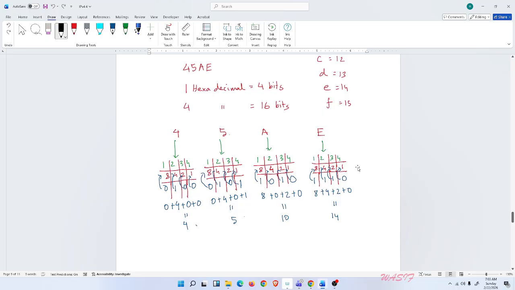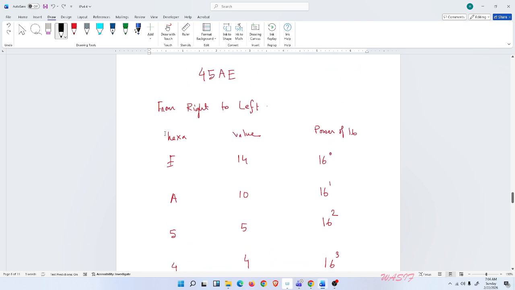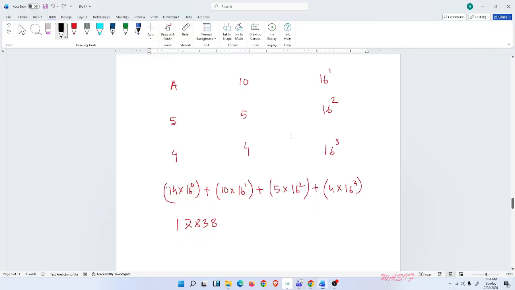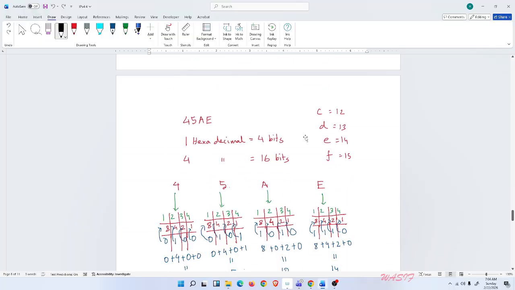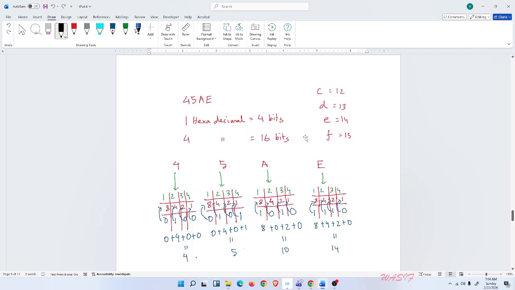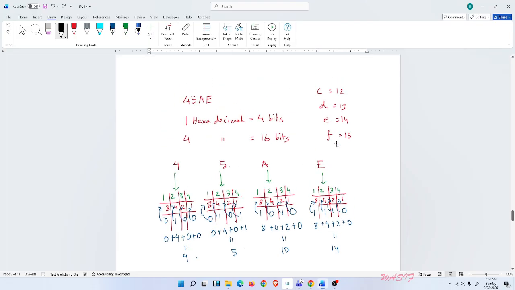The first thing is what I said here: we directly converted hexadecimal to decimal, and you need to know how to do this conversion with 16 to the power. Now we are going to convert hexadecimal into binary. We already know how the hexadecimal into binary conversion is done.